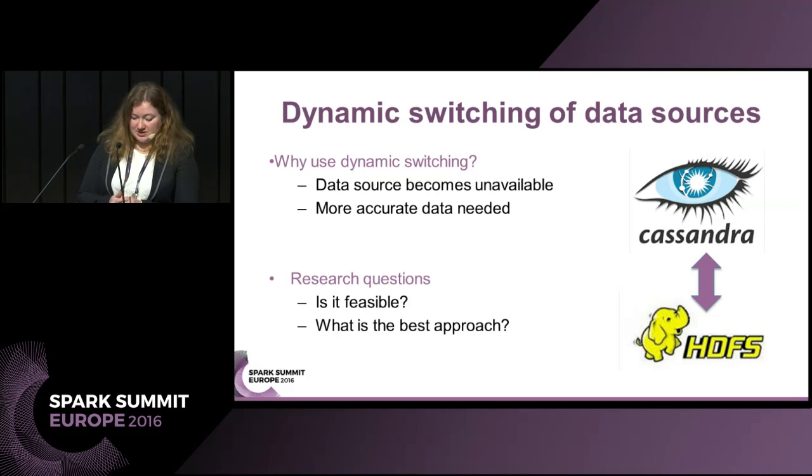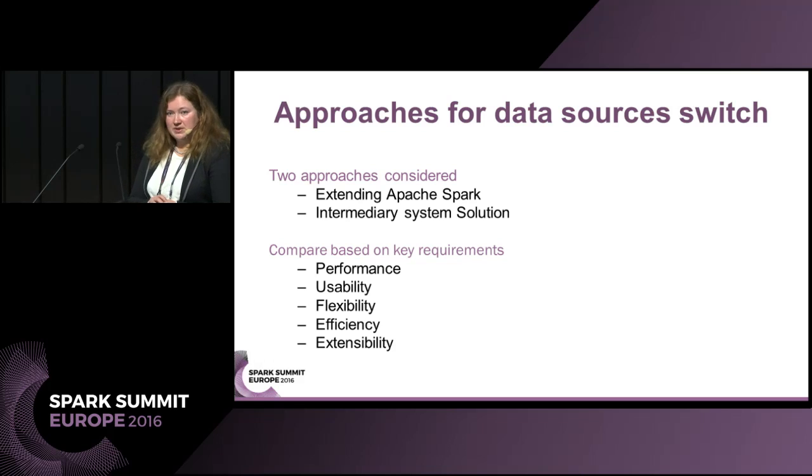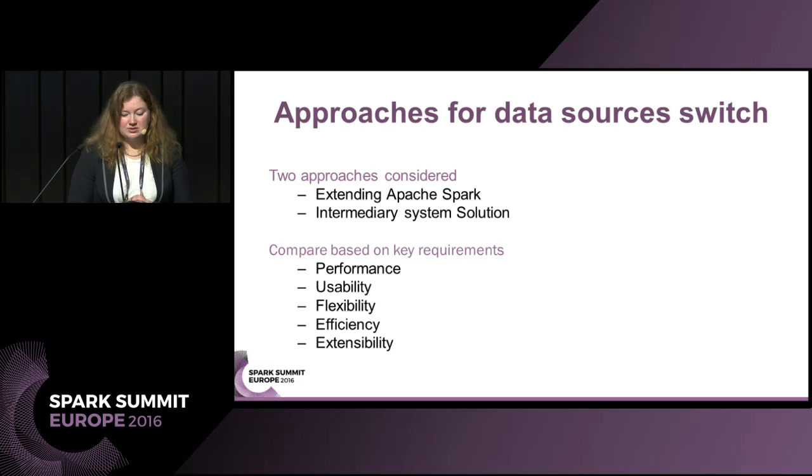To check whether it is feasible was very easy, because data sources are external, external to Spark. So of course you could do something in between Spark and the external program much more easily. So the question was answered yes, and we checked for the best approach. What are the approaches to implement a system that can switch data sources?